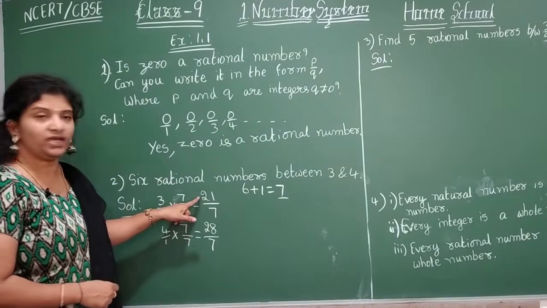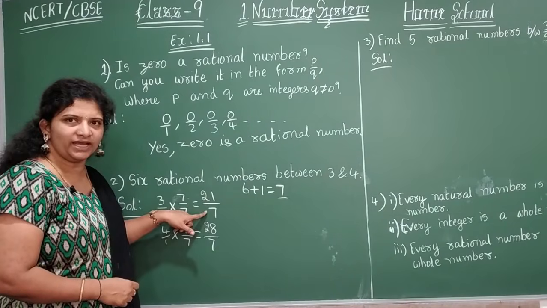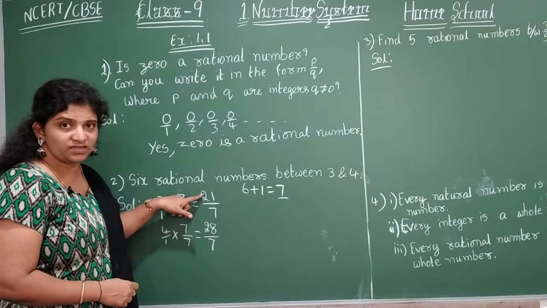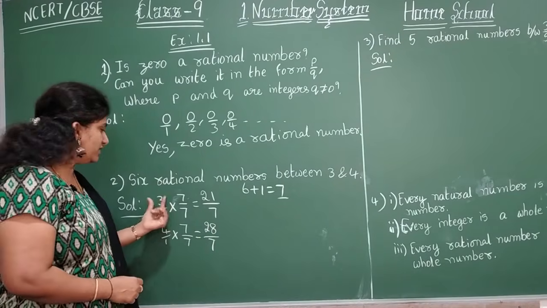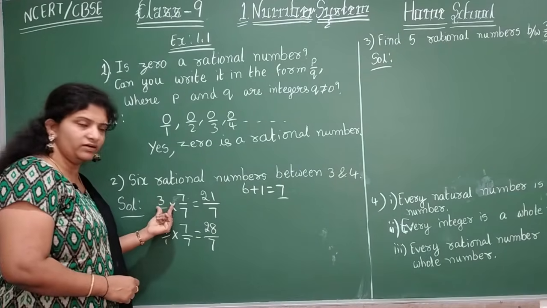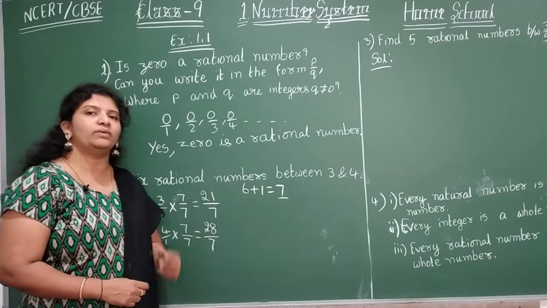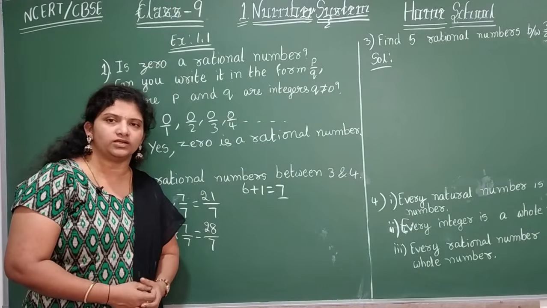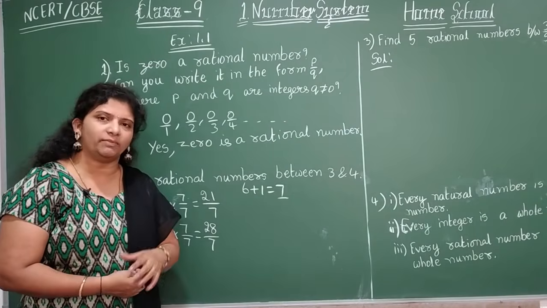Observe here carefully. 21 by 7, if you cancel, what are you going to get? 3. 7 3s are 21. 7 4s are 28. This number 3 we have written in the form of a rational number. So in between any 2 rational numbers, children, there are infinitely many numbers you can write.